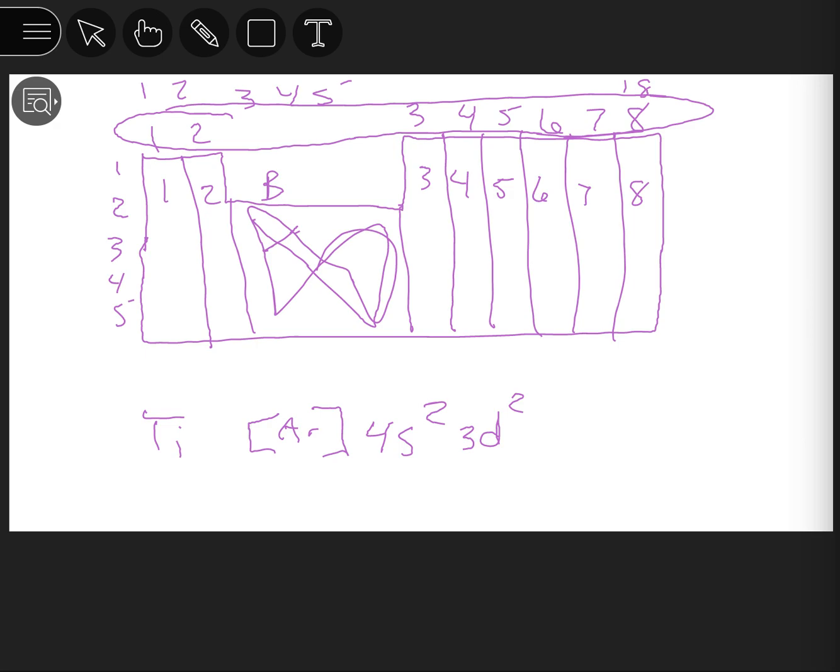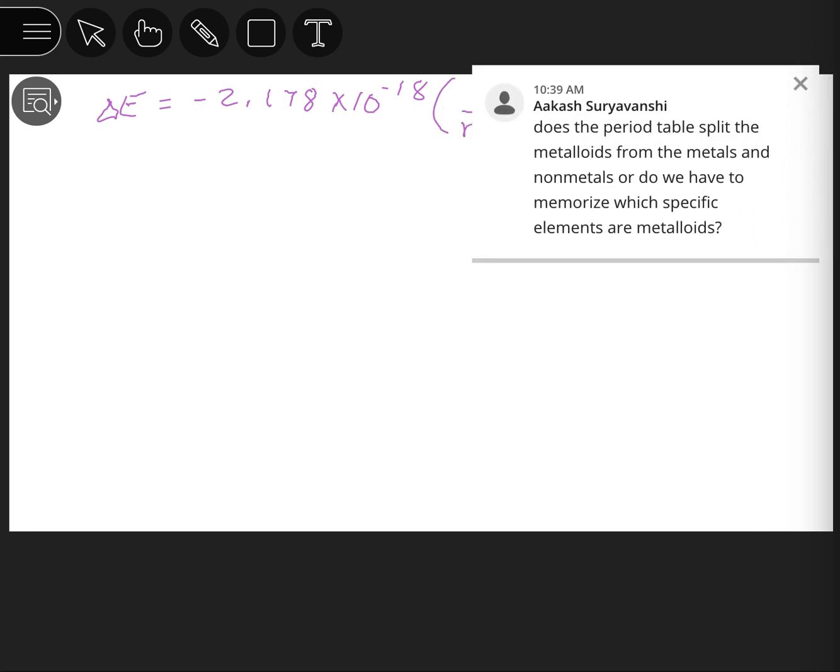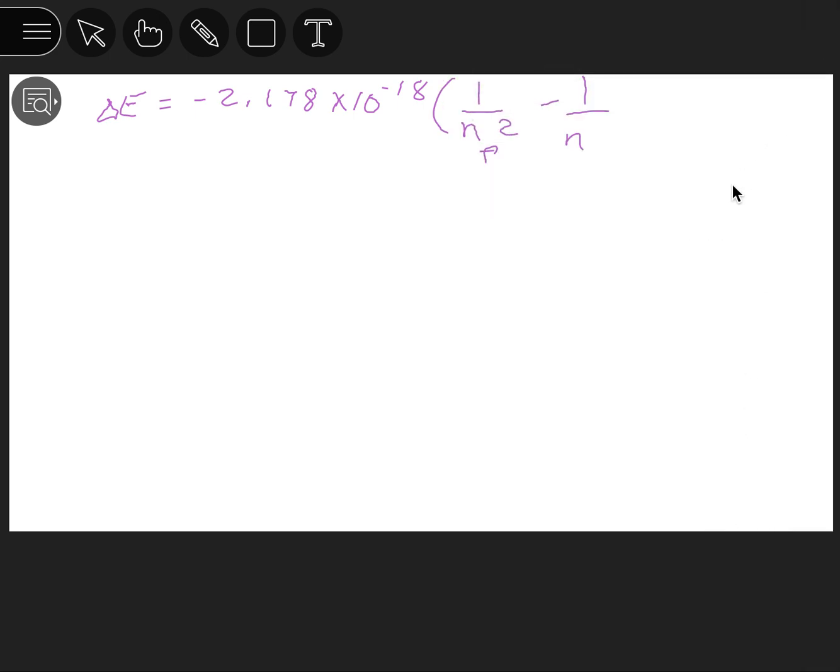So let's do an example of the Rydberg equation. My favorite version of that is the one where delta E equals negative 2.178 times 10 to the negative 18, 1 over n final squared minus 1 over n initial squared.